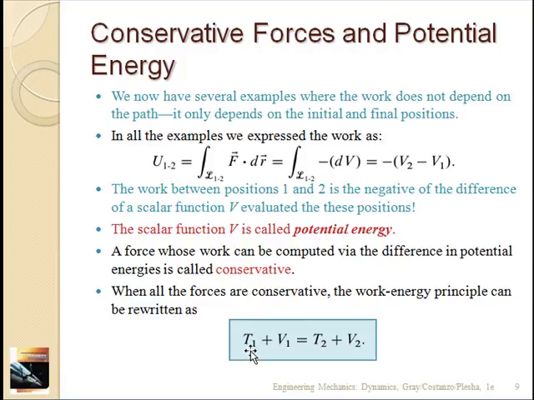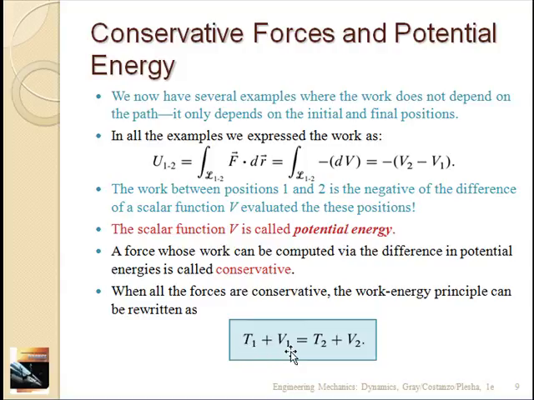So T1 is the kinetic energy of the particle at point 1, and V1 is the potential energy of the particle at point 1, and then T2 is the kinetic energy at point 2, V2 is the potential energy at point 2, and as long as the force is conservative, that is no energy is lost due to the force, then we can write down this expression and say that the total energy is conserved, right?